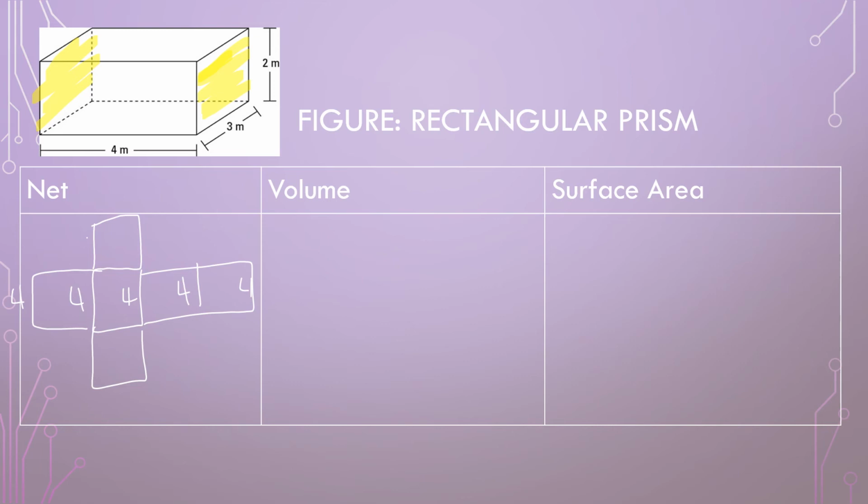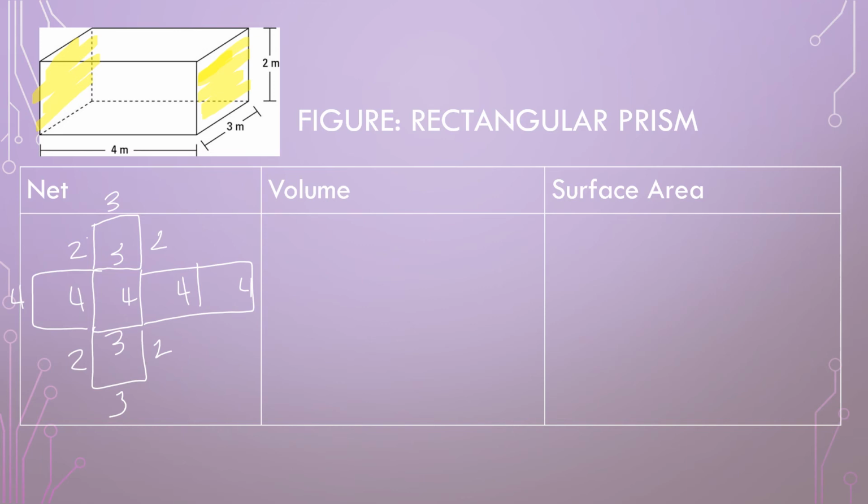So 4, and it doesn't really matter where you put these, just as long as they match up. I know some of you guys are like, where does this go? It doesn't matter for the sides for these types of shapes because they're going to match up anyhow.